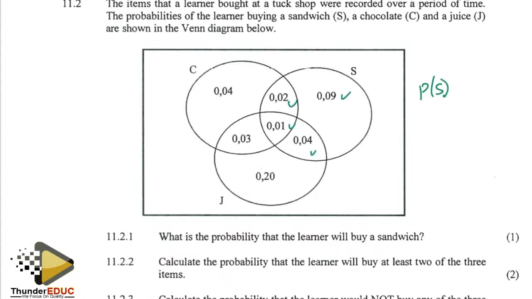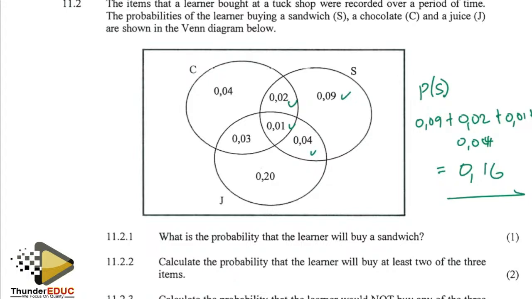You can buy sandwich only or sandwich and something, and so that's going to be 0.09 plus 0.02 plus 0.01 plus 0.04. In other words, the circle of the sandwich in the Venn diagram is what we are interested in. If you put that into your calculator, you get 0.16. That's what they need.